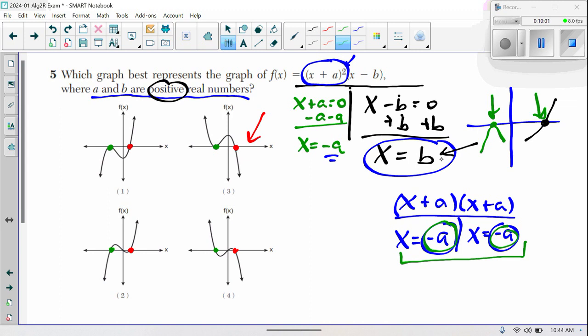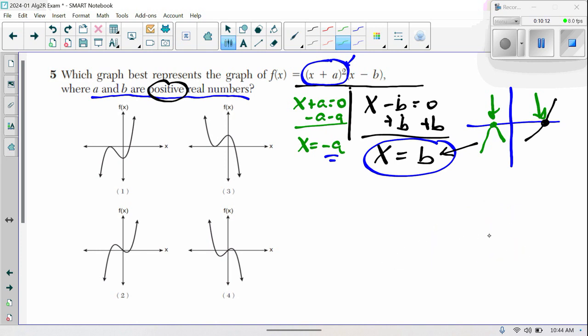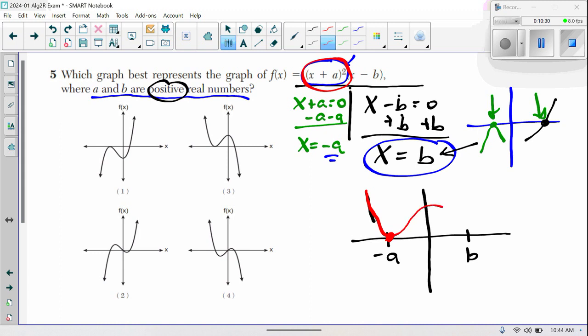So for my positive, I'm going to erase all this. If I were to sketch this function, let's say here's where we have a positive b, and here's where we have my negative a. My graph is either going to come through here and touch but not go through because there's a multiplicity of 2, then come through like this, like that in the red.